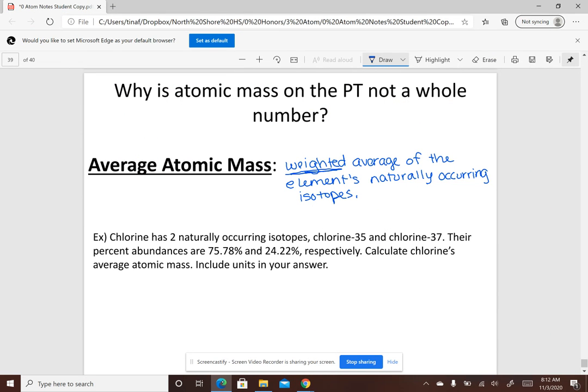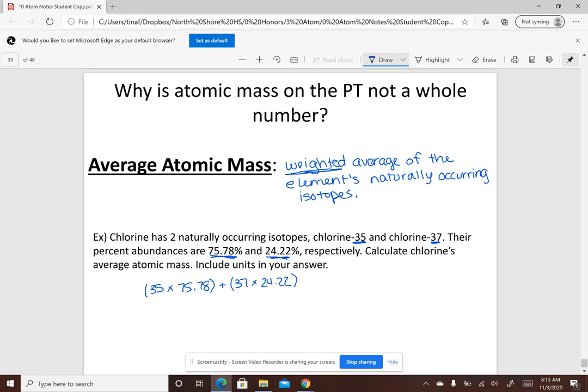We're going to take the mass of the isotope and multiply it by its percent abundance. So 35 times 75.78. Then we're going to add it to the next isotope times its percent abundance: 37 times 24.22.